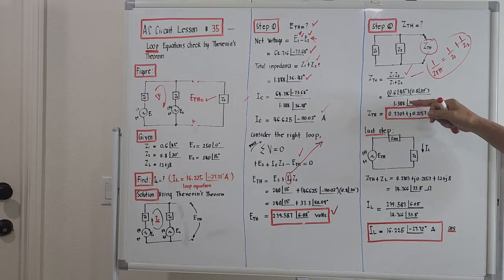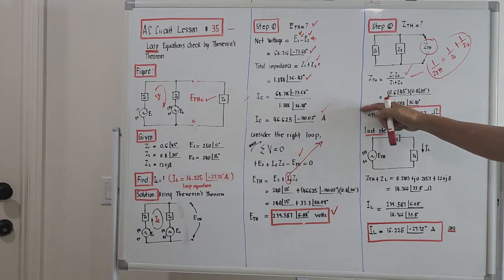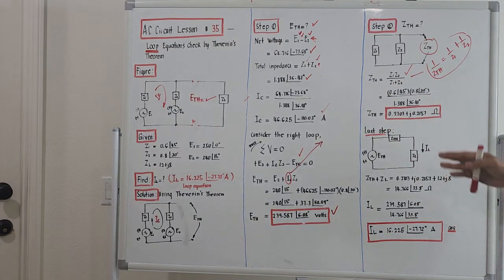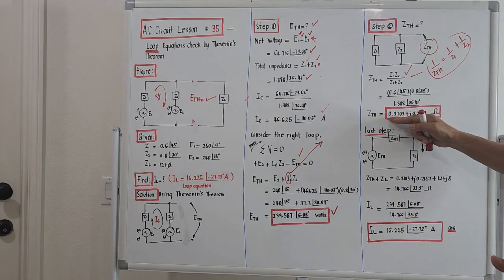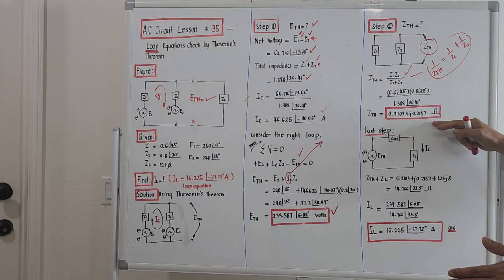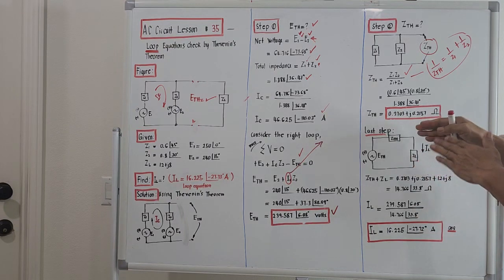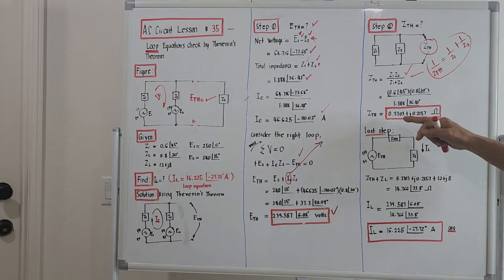So the bottom portion is 1.38, 36.41 degrees. So the open circuit impedance, I will just give you the rectangular equivalent now. Some other operations were performed in the previous example, so this should be 0.2703 plus J 0.2157 ohms.